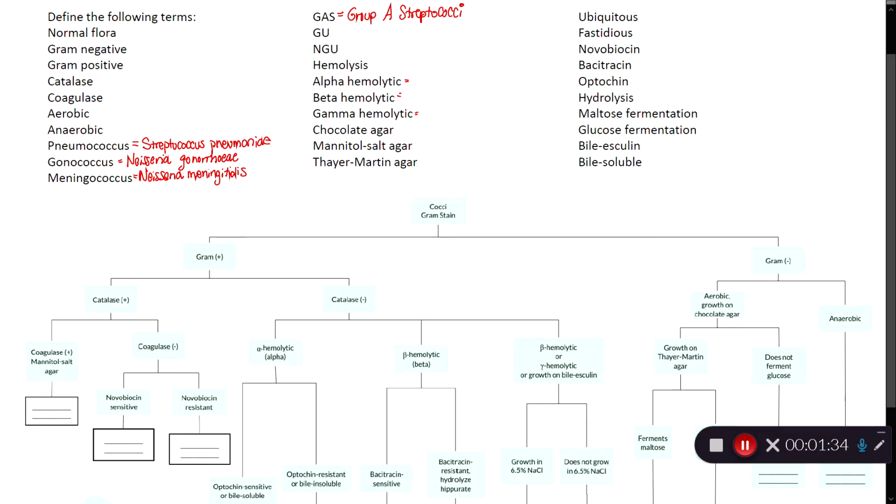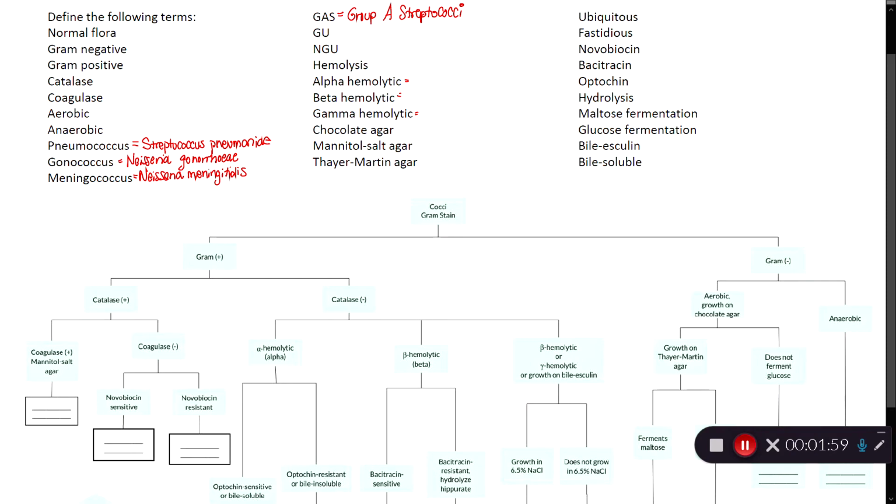And so, as we'll see in a minute, many of our streptococci are grouped or classified by their C carbohydrates in their cell wall. And these C carbohydrates are very antigenically distinct and therefore can be grouped. And they fall under these different families of strep.